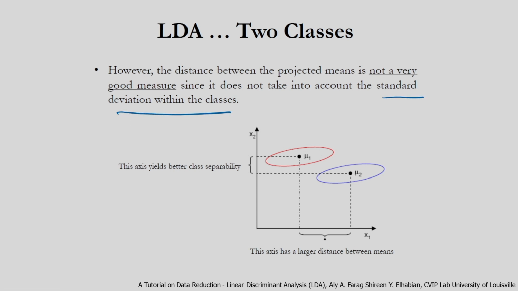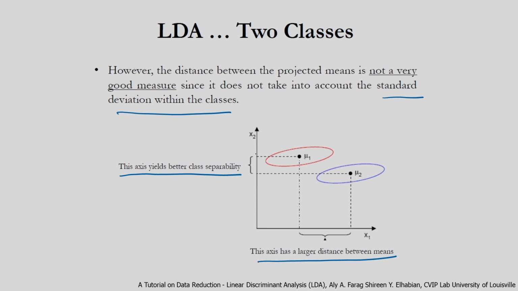So pictorially I am showing that concept here. You can see this axis has a larger distance between the means in the first case, but it is not good separability. There may be some overlapping between the classes. But if I consider the second case, this axis gives better class separability.